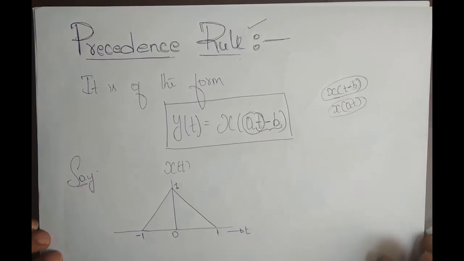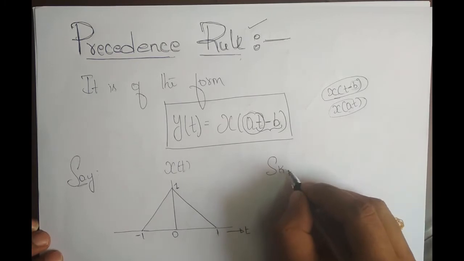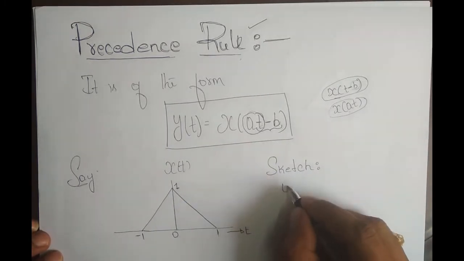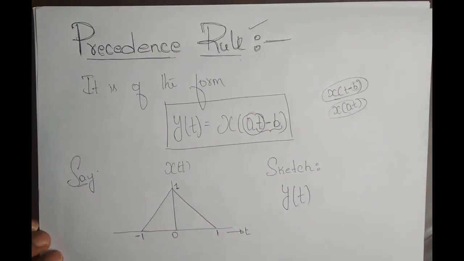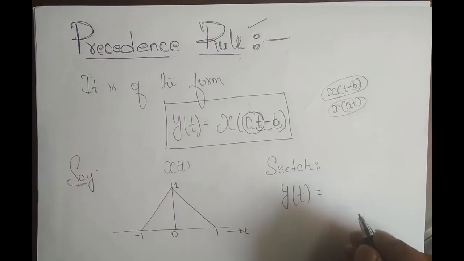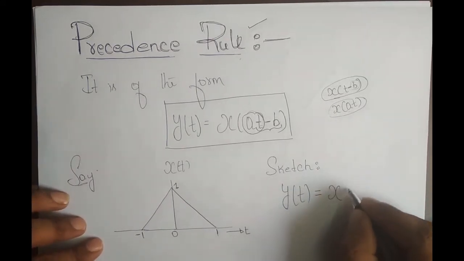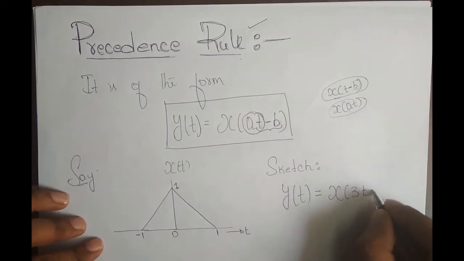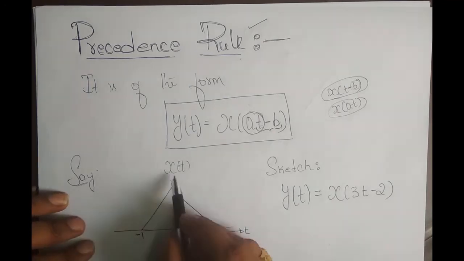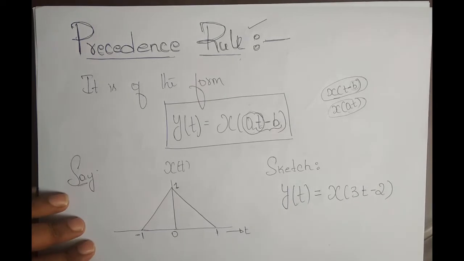This is my x of t, and if I ask you to sketch the signal y of t, which is equal to x of 3t minus 2.